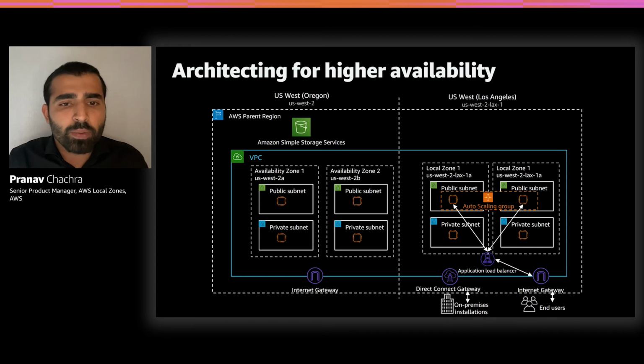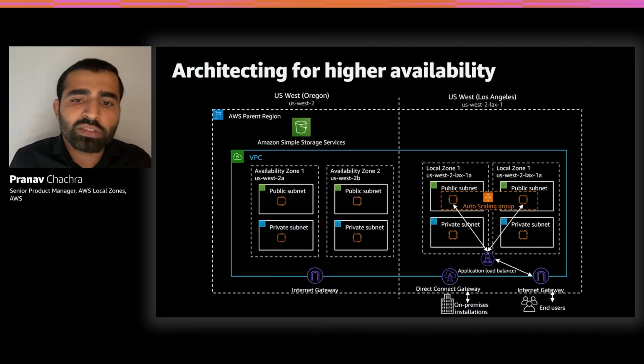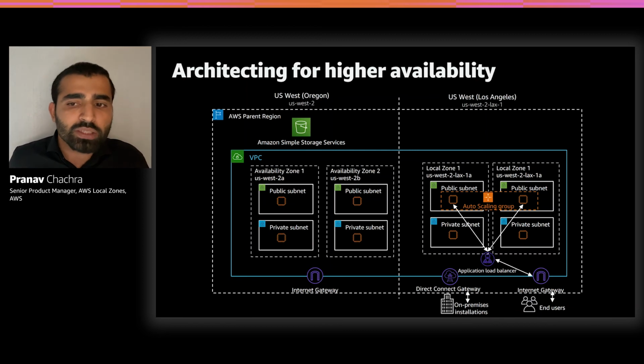By utilizing AWS Direct Connect in conjunction with the local zone, these customers are able to establish a hybrid environment that provides ultra-low latency communications between the applications running in the local zone and on the on-premises installations. And as time progresses, the on-premises applications can be migrated to the cloud in an incremental fashion. The architecture diagram that you see here illustrates this enterprise hybrid migration use case.